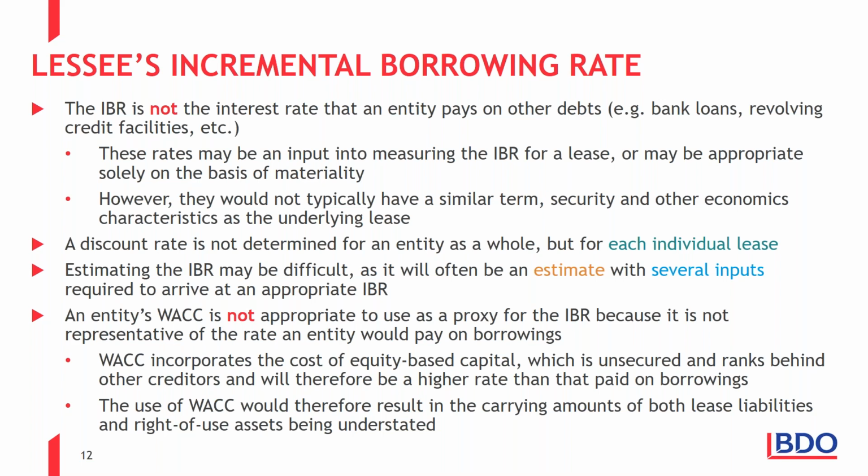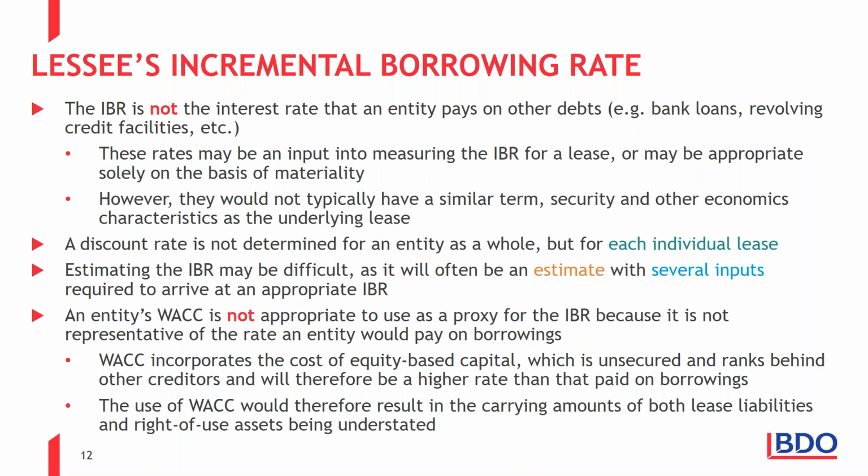We could estimate all of those. As soon as you start to estimate to come up with an implicit interest rate, it's no longer readily determinable. If you want to start to estimate and use all these inputs, then you're squarely in the category of incremental borrowing rate and estimating the lessee's incremental borrowing rate. So please don't confuse the two.